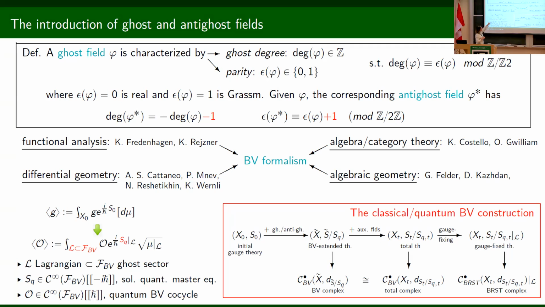And also for the action S0 appearing there, your integral depends not really on the function itself, but on the cohomology class, this quantum BV cohomology class, where your S0 is a representative.